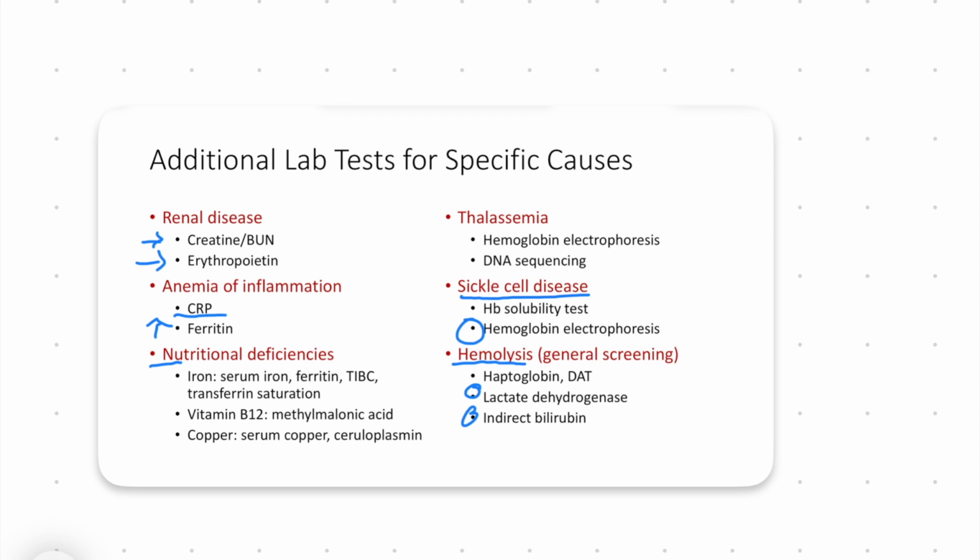And because it's bad for hemoglobin to be released into the bloodstream, we also have a decrease in haptoglobin, because haptoglobin is trying to mitigate hemoglobin free floating in the plasma. So we're producing haptoglobin, but we're using it up, so we would expect to see a decrease in total haptoglobin.